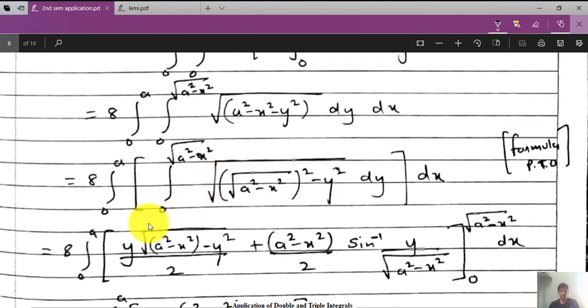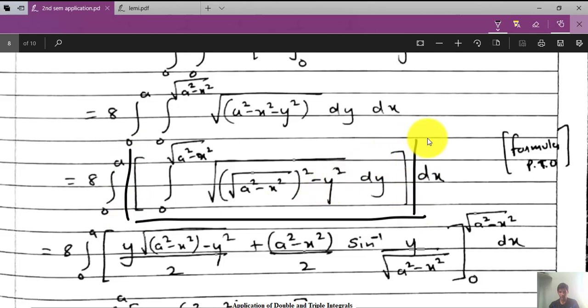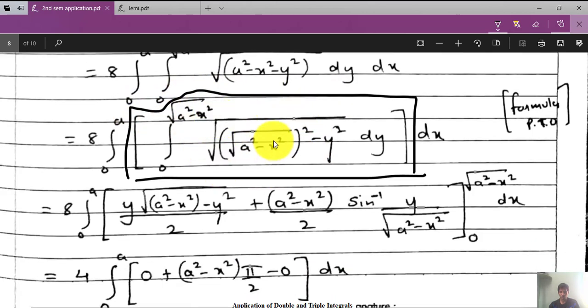Now please pay attention to this particular thing. This a square minus x square, I can write as a square minus x square, the whole square, minus y square, since I am only integrating with respect to y. Fine. I am only integrating this, so this is a constant, right?